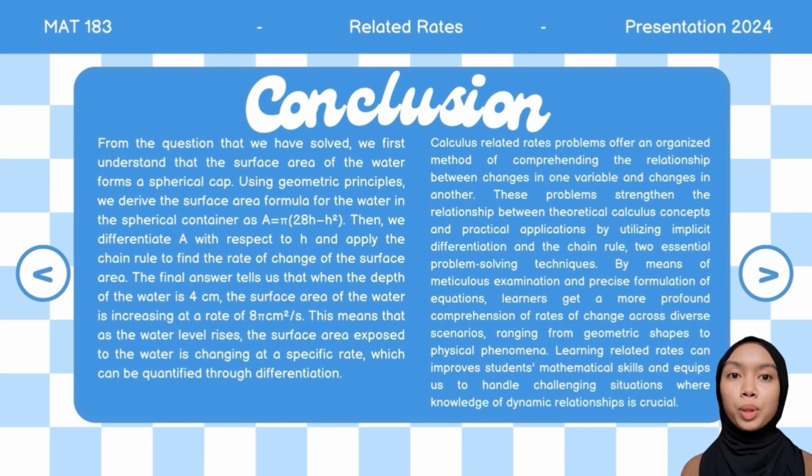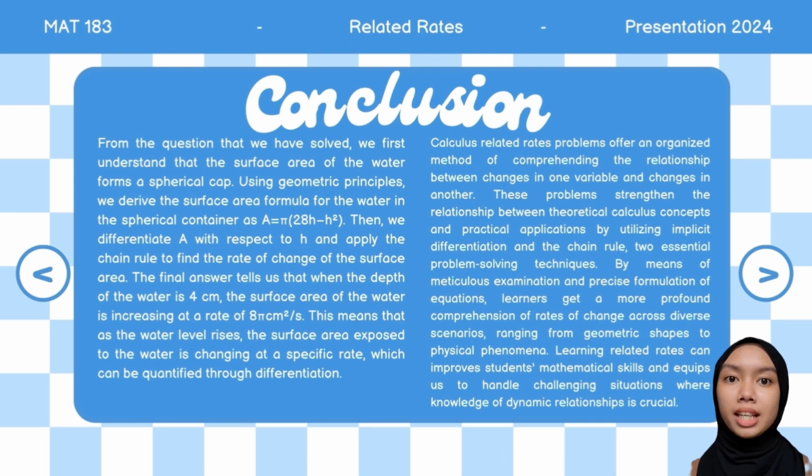From the question that you have solved, we first understand that the surface area of the water forms a spherical cap. Using geometric principles, we derive the surface area formula for the water in the spherical container as A equals pi times (28h minus h squared).